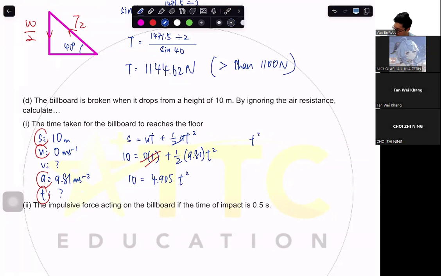You find t squared, then you can find t by square root. t squared is 10 divided by this, not this divided by 10, 10 divided by this. t is 1.43. See whether you get the same answer or not. t is 1.43 seconds.